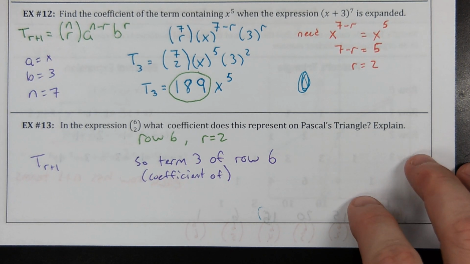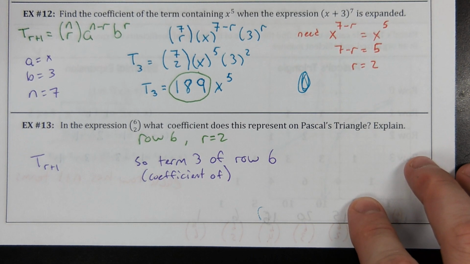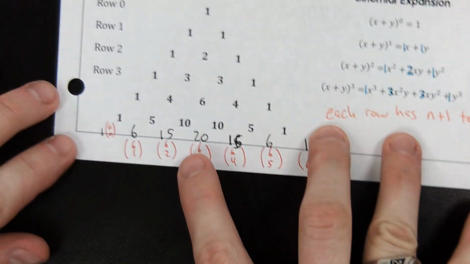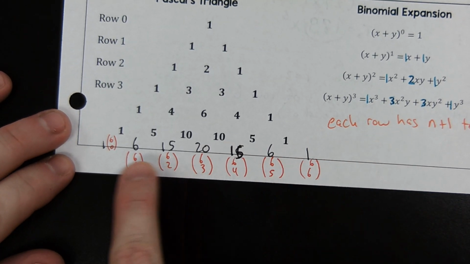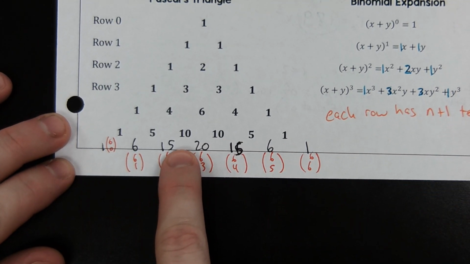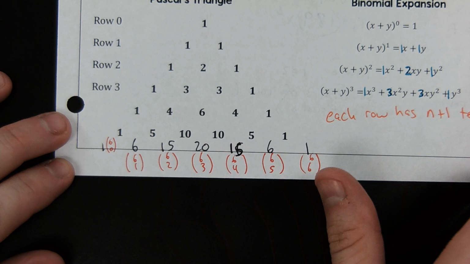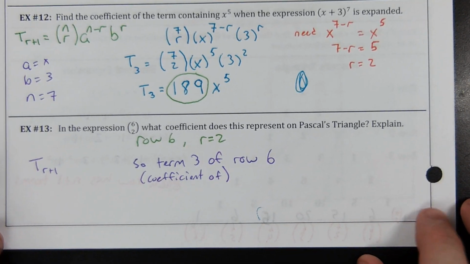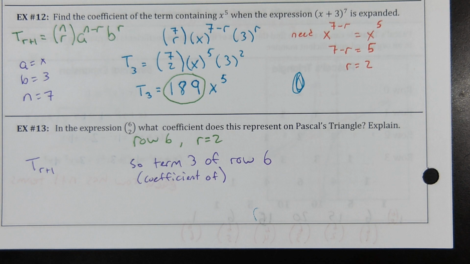And just in case you weren't sure, I could flip the paper over and go back to row 6. Oh, look, there it is. 6 choose 2. It's the third term in this row. Because it's always T sub R plus 1. Isn't that neat? So why do things like this?